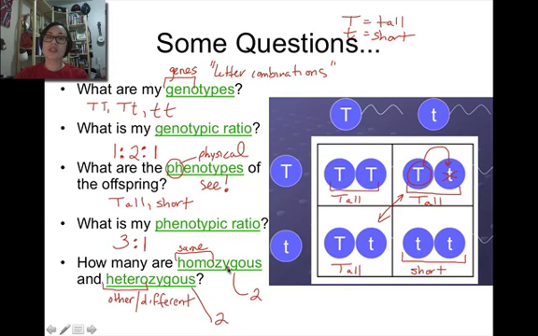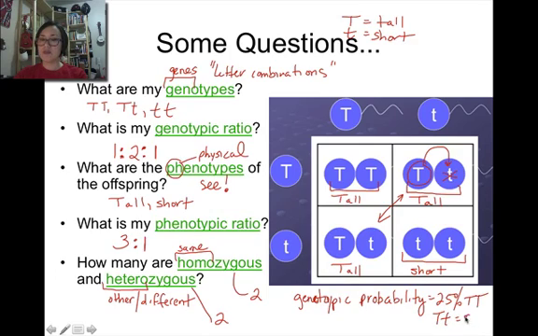One question that this isn't asking about is the probability or the percentage. So let's go ahead and fill that in. If I asked you what the genotypic probability, you would tell me that there is a 25% chance of getting big T. There is a 50% chance of getting big T, little t, because I have 2 boxes, and again a 25% chance of getting little t.